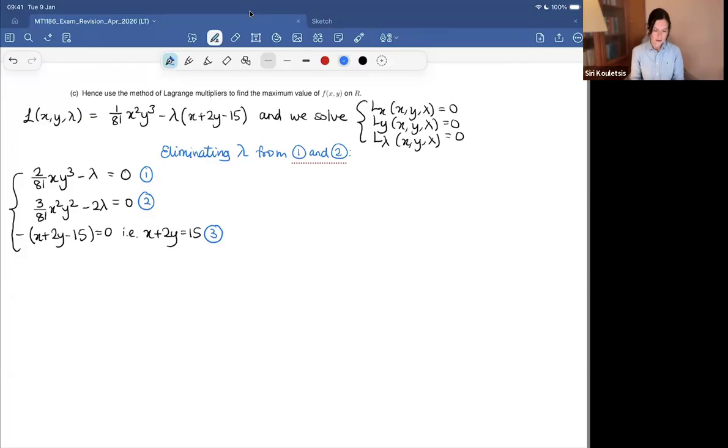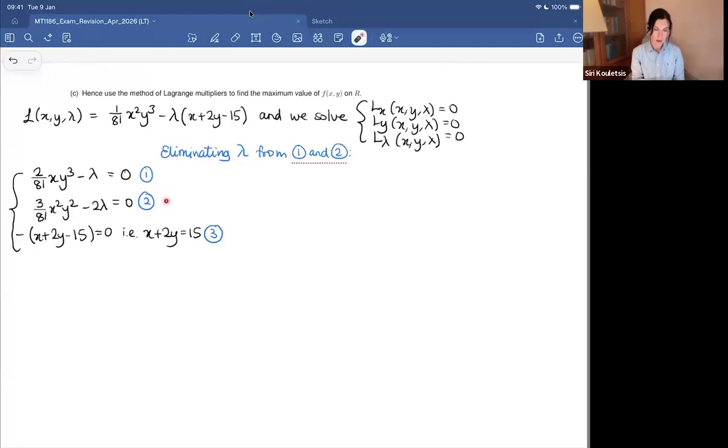So eliminating lambda from equations 1 and 2. Well, first of all, I'm not going to write it here just to save some space for this presentation, but lambda equals 2 over 81 xy cubed, and then we have 2 lambda equals 3 over 81 x squared y squared.